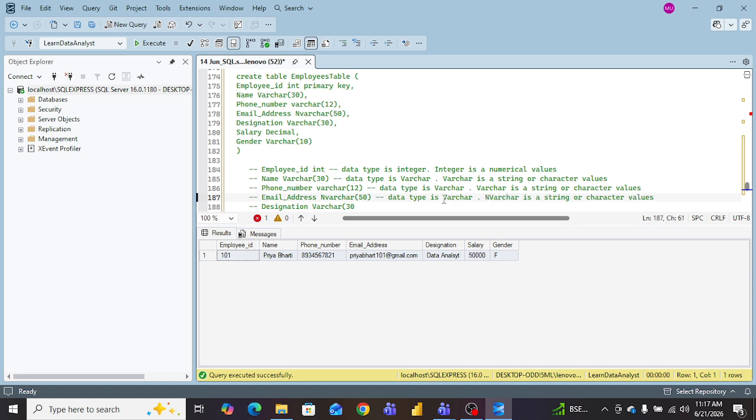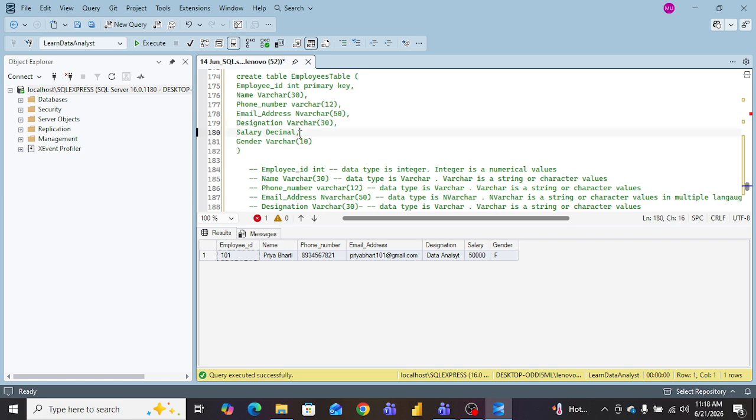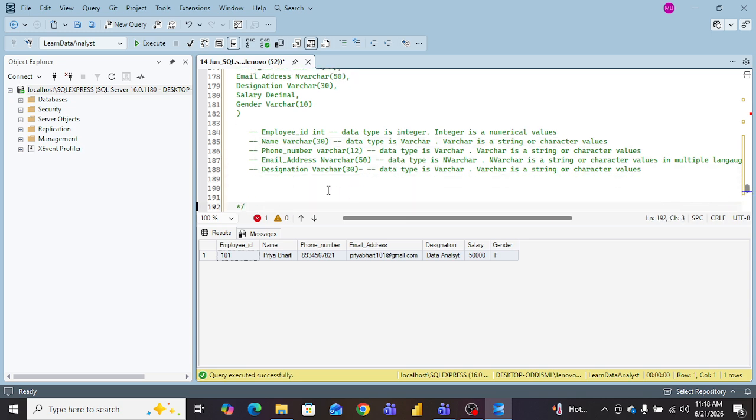NVARCHAR is also a string of characters, in multiple languages. This is also characters. Now, what is decimal? This is a different data type.